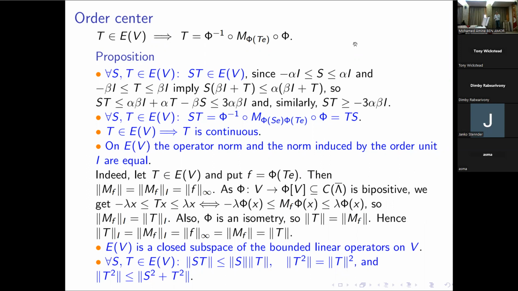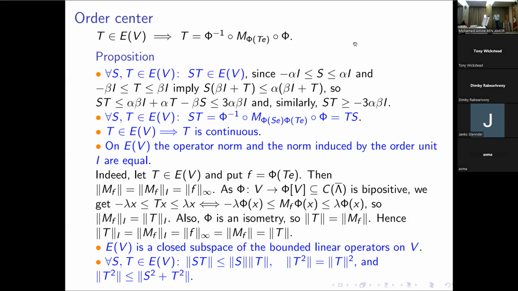Well, then on the one hand, that map phi, that embedding, is bipositive. So from an inequality like this, we can apply phi, and we can use this formula here. So we can replace phi of t by the multiplication operator composed with phi. We get this inequality that's written here.